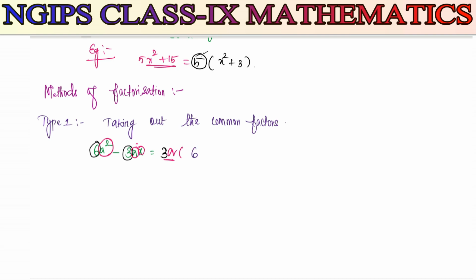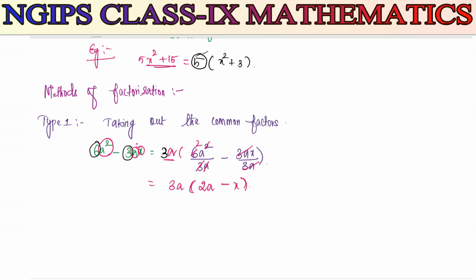6a square divided by 3a minus 3ax divided by 3a. Now here, 3 ones are 3, 3 twos are 6, and as for a, the powers cancel, leaving power 1, so 2 into a power 1 minus, here we have 3a and 3a, the leftover in the second term is x.